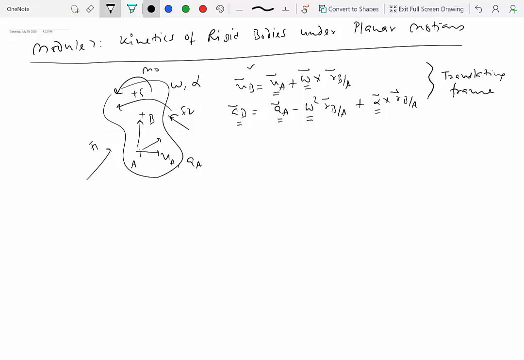Kinetics of particles related the forces applied on a particle with the acceleration that resulted from it, and that was done using sigma F equals m a. So we will definitely use relationships like Newton's second law, and we will see how they apply for a rigid body, which truly speaking cannot be seen as a system of particles. It's actually a continuous medium. But you will see we have similar relationships for rigid bodies moving in a plane as well.